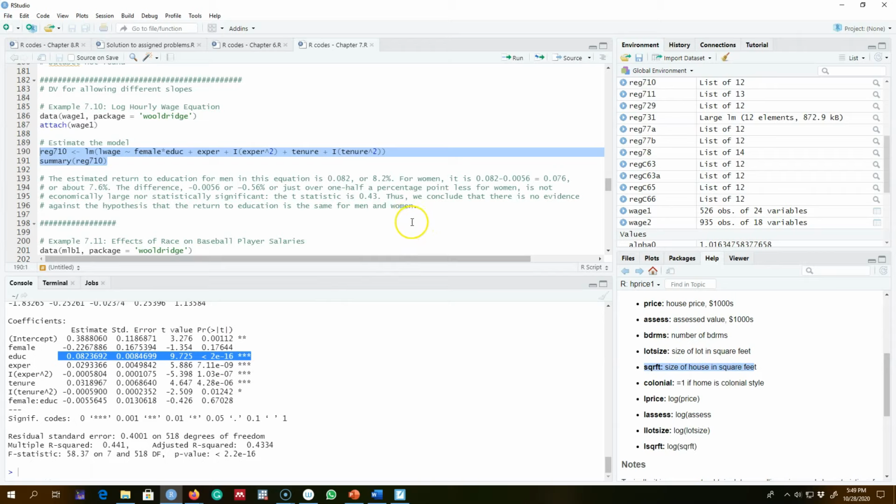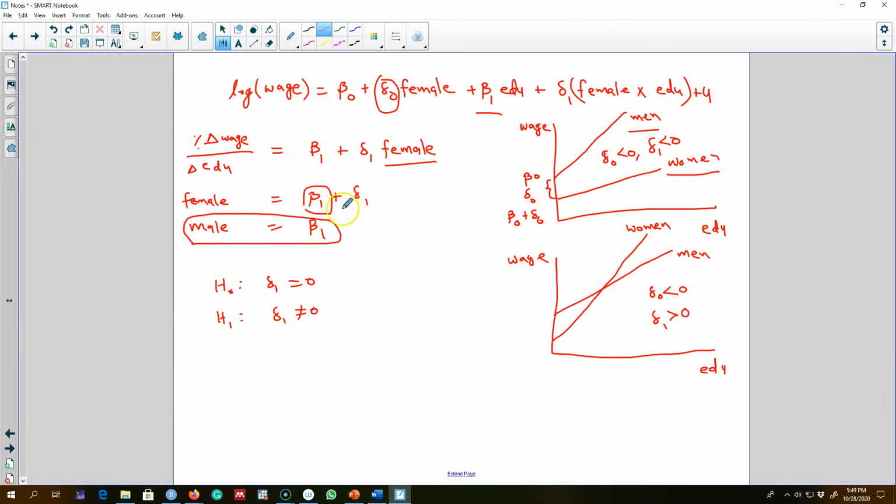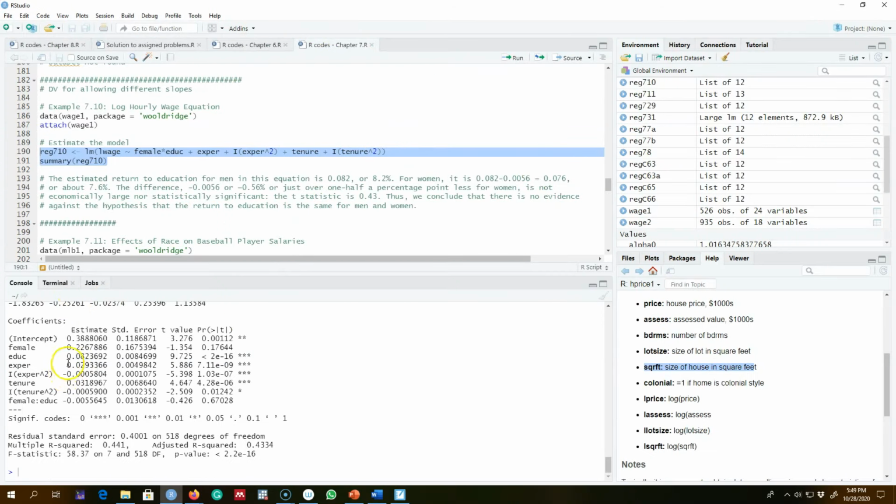So what is this impact for women? It is, as we see here, beta 1 plus delta 1. So let's look at these two coefficient values. It is 0.082 plus this coefficient value, which is the coefficient on the interaction term, which is minus 0.0056. So we add these two and get the impact as 0.076 or 7.6%.